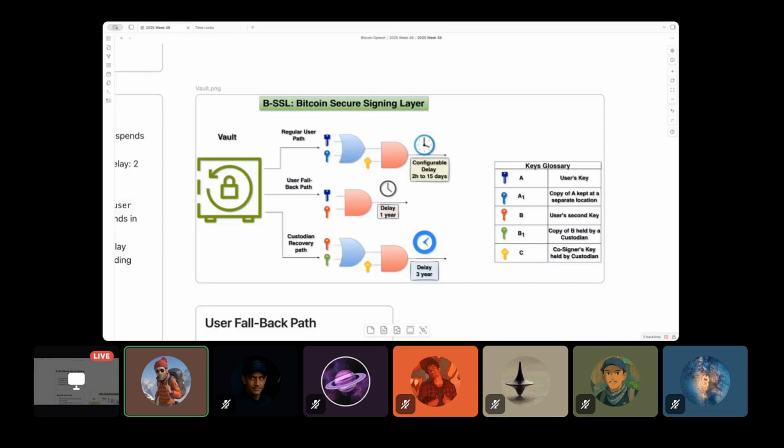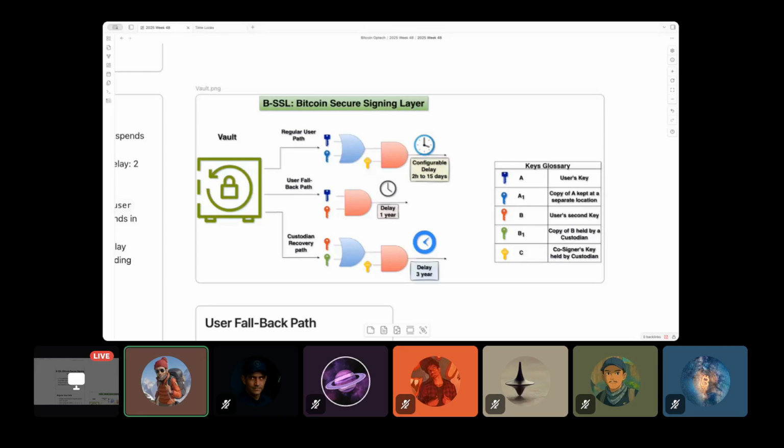This is to address the issue of custodians going dark, or custodians not sticking to their commitments. So this path is completely controlled by the user with his own keys, except that there is an absolute delay of 1 year that is pre-programmed into this spending path.